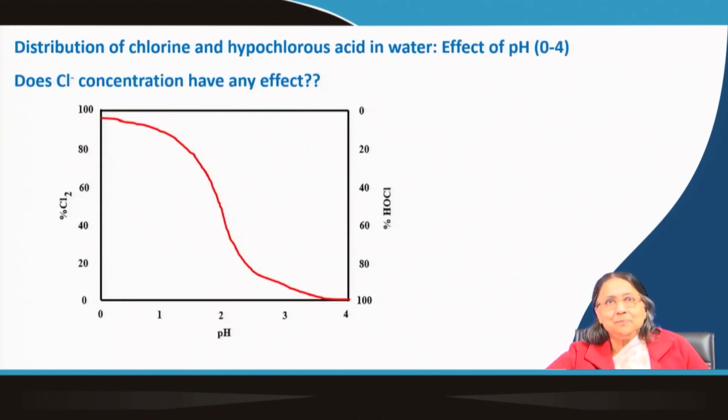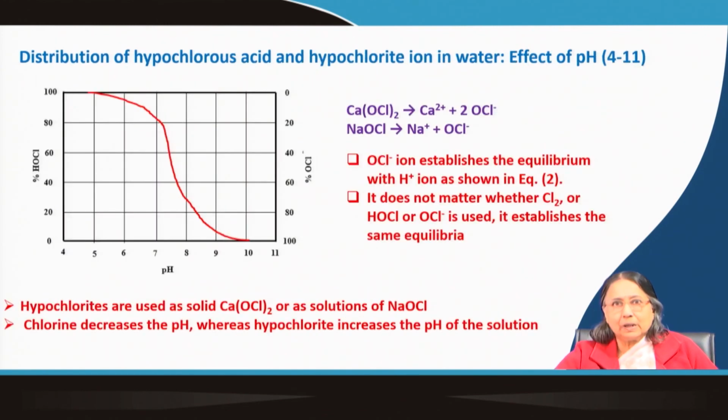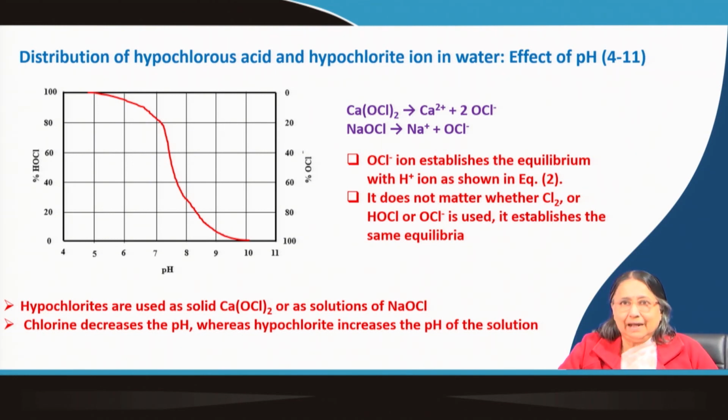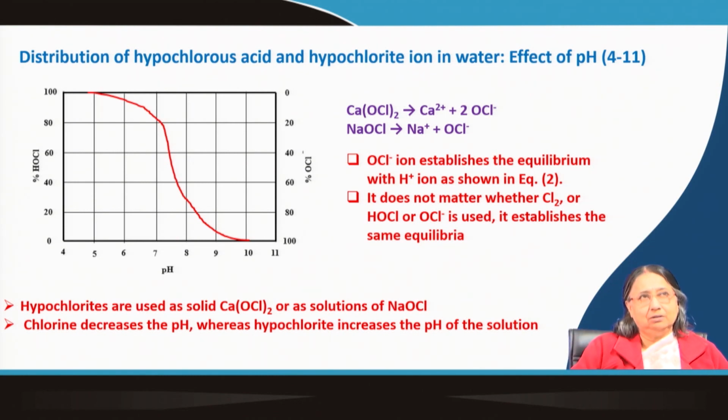So, equilibrium is like this. Here also once you start from OCl minus, it will establish the equilibrium like equation 2. It does not matter whether chlorine or HOCl or OCl minus is used, it establishes the same equilibrium. Depending on the pH, it will vary how much proportion or concentration of which one is there.